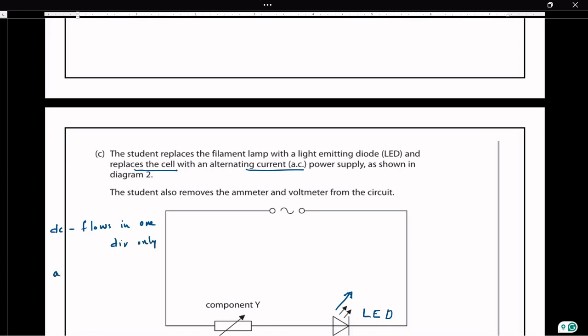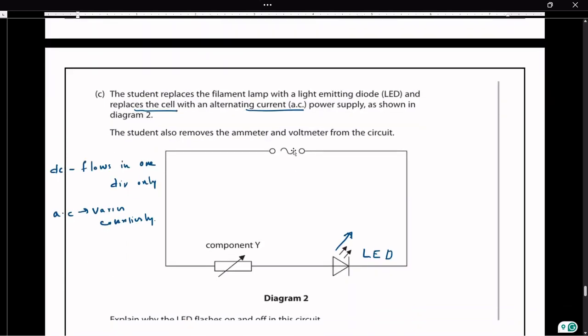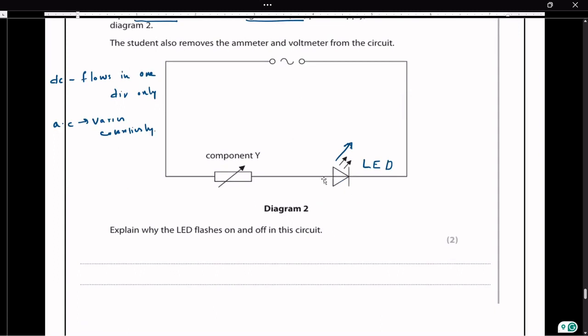But what about AC? AC varies continuously.